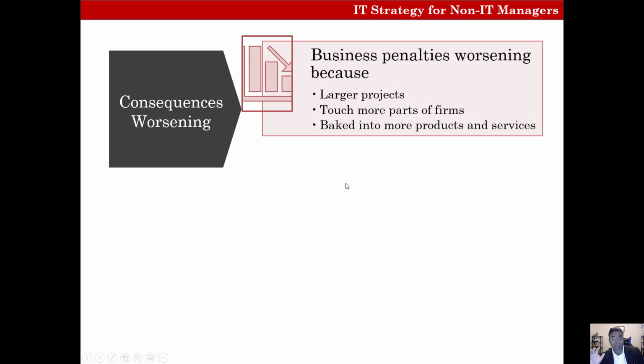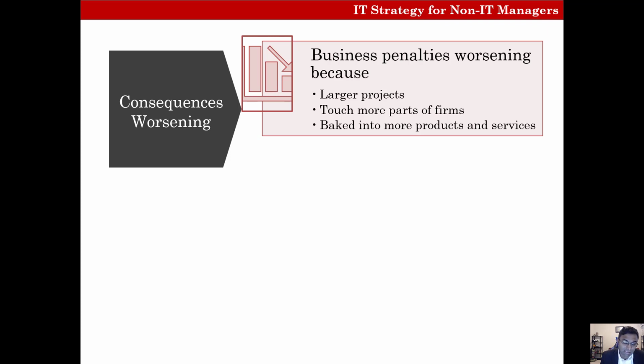And the consequences are getting worse, and that's because we are doing more and more larger projects which cost more. They are connecting multiple parts of a firm, and software is being baked into more products and services. We talked about the trifecta.